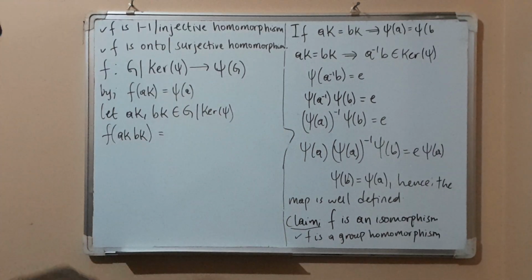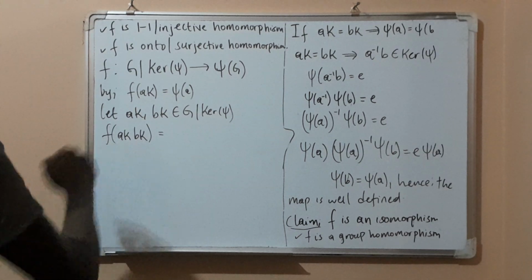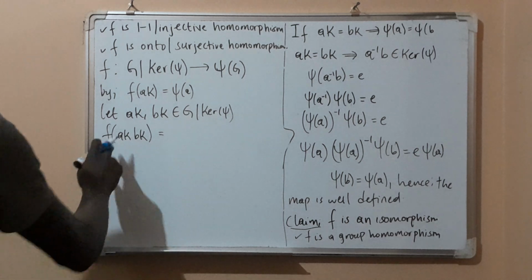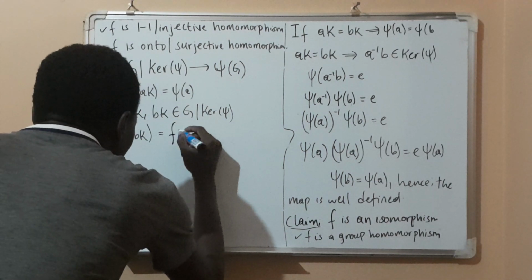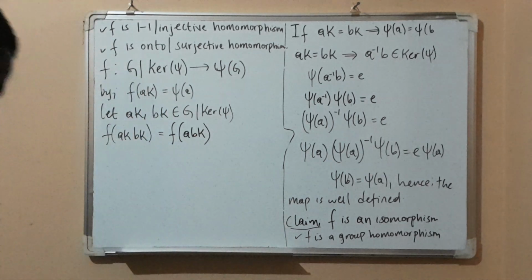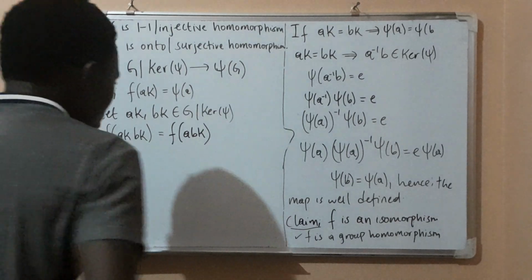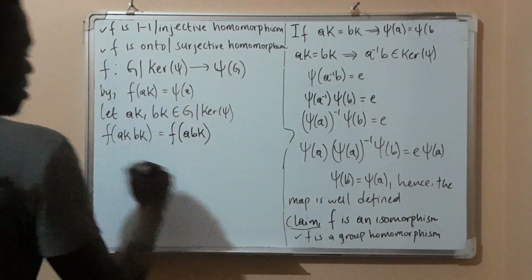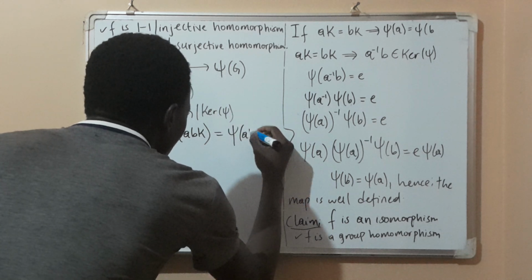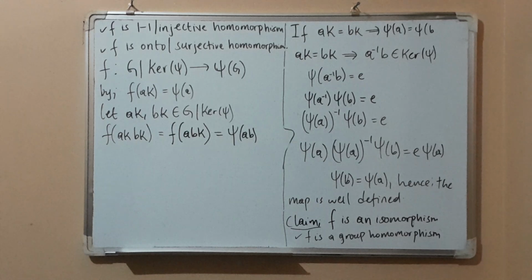Hope you remember the binary operation which is defined on a factor group. So if I compose these two elements, I'll come up with F of ABK, and by definition, this should be mapped to phi of AB, and phi is a group homomorphism.